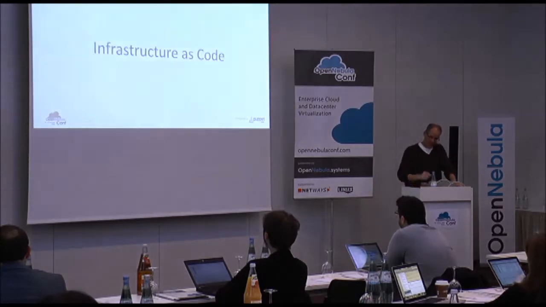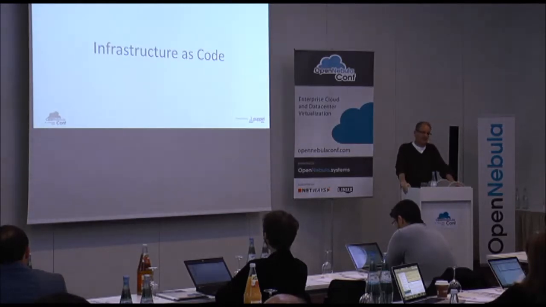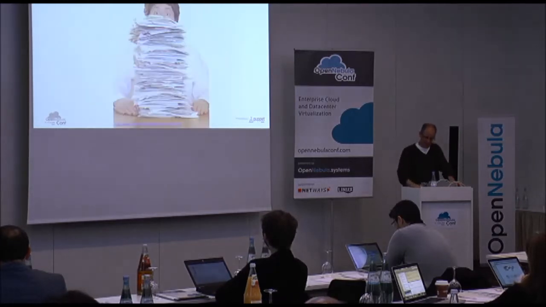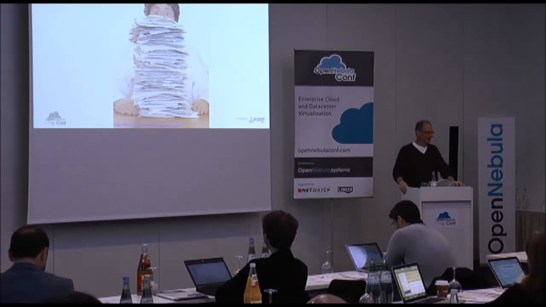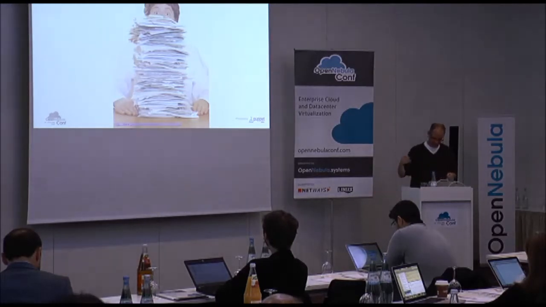When Puppet first showed up, the almost revolutionary thing that it did was that it talked about infrastructure as code rather than what people had been doing before, which was infrastructure as Word documents, or if you were in a more agile shop, infrastructure as plain text files, or in enterprises, infrastructure as XML documents.